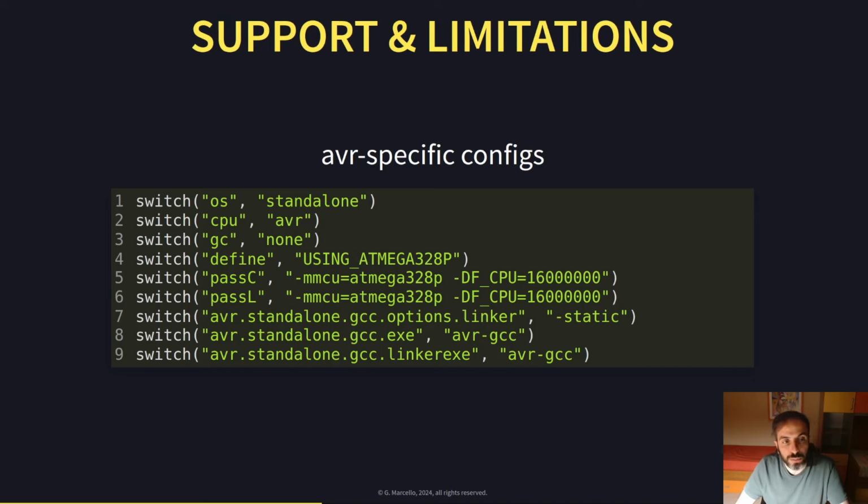Then you actually have to specify the CPU as AVR. And the first and third rows actually are debatable, meaning that you could use OS any. I think it's the most modern alternative in the compiler. You should use that probably. And right now I'm not using the GC, so I just disable it.